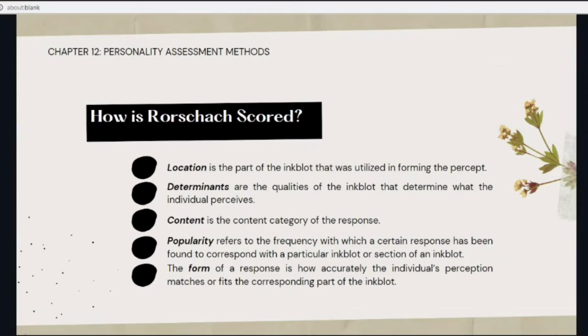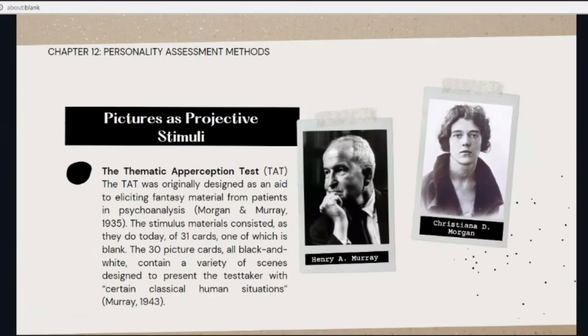The popularity refers to the frequency with which a certain response has been found to correspond with a particular ink blot or section of an ink blot. And the form of a response is how accurately the individual's perception matches or fits the corresponding part of the ink blot.